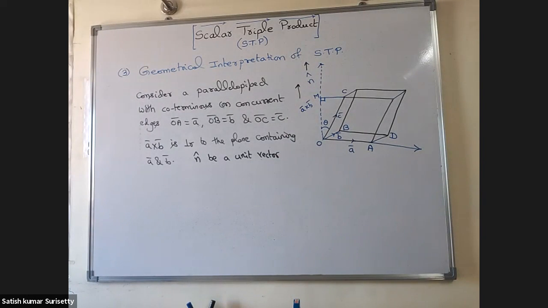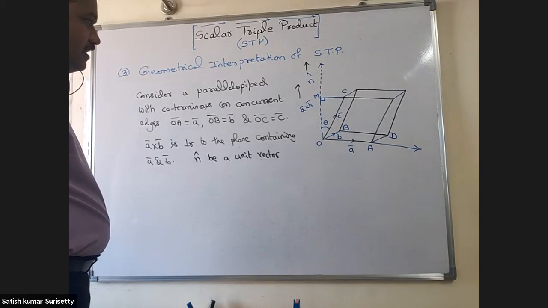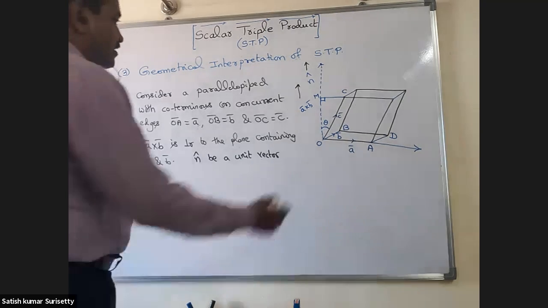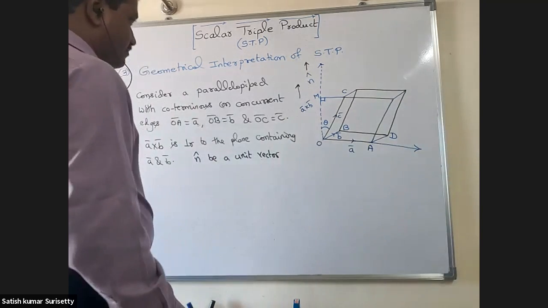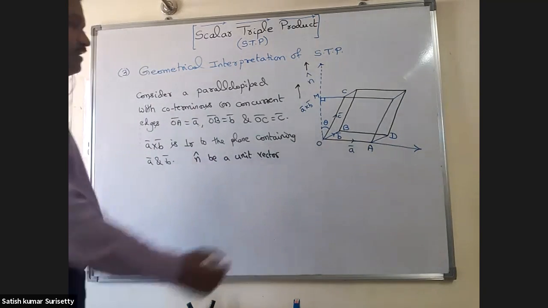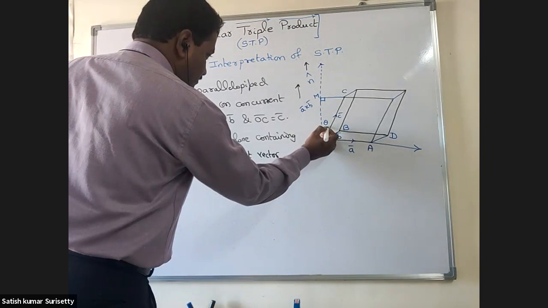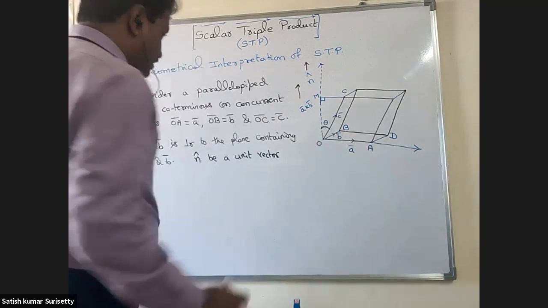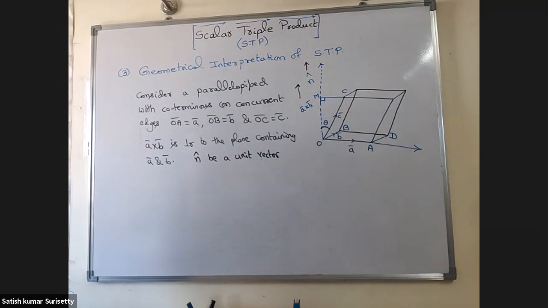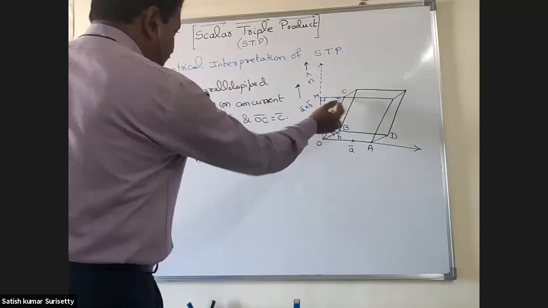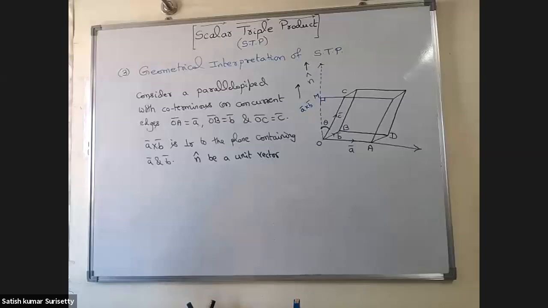Let theta be the angle between A bar cross B bar and OC bar. Draw perpendicular CM to A bar cross B bar.